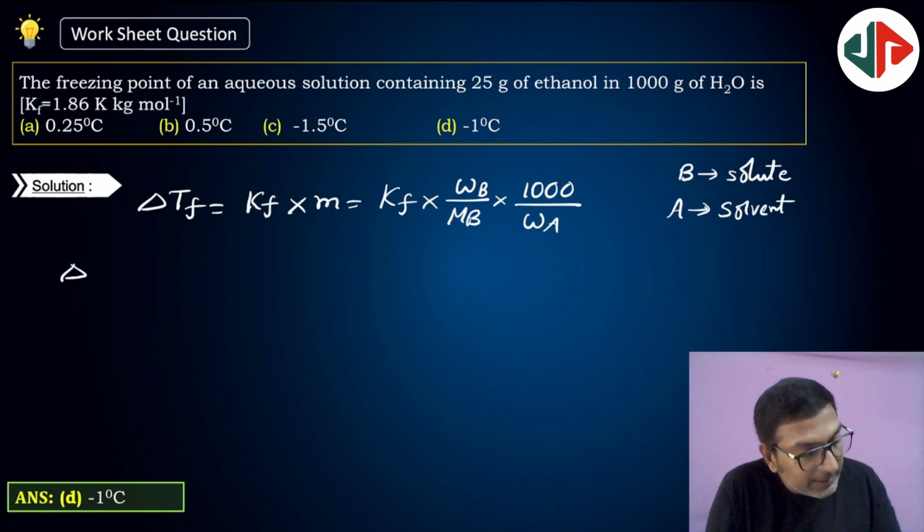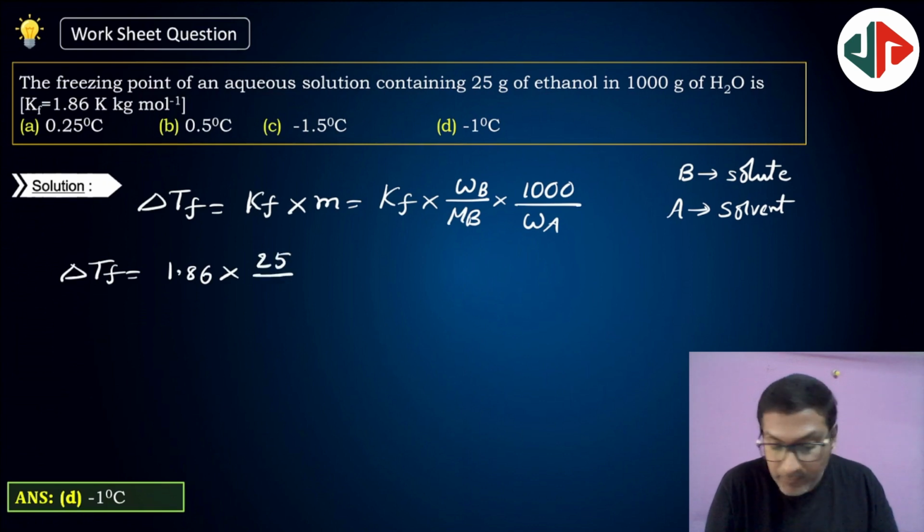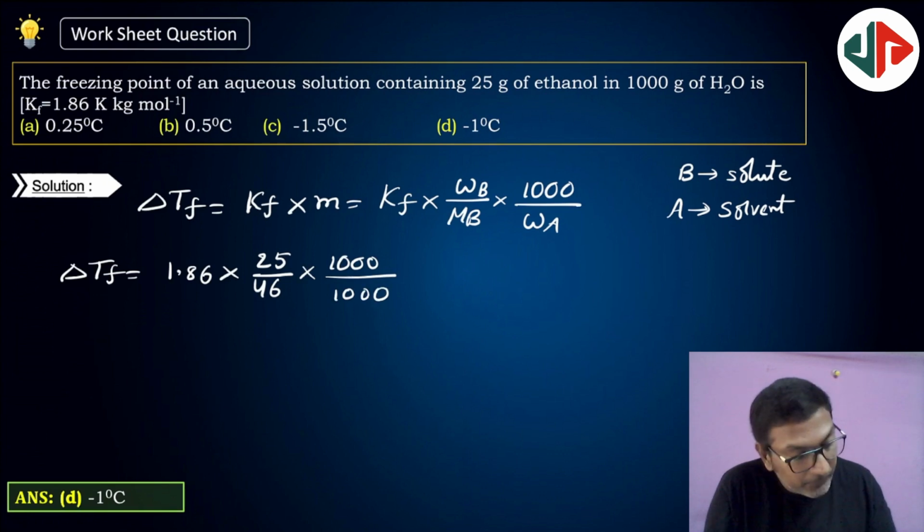So therefore delta Tf equal to Kf value 1.86 into weight of solute 25 by 46 molecular weight into 1000 by 1000. So these two get cancelled.